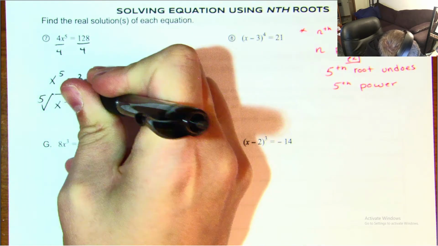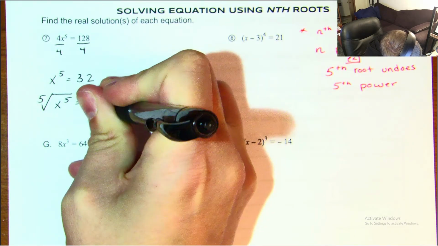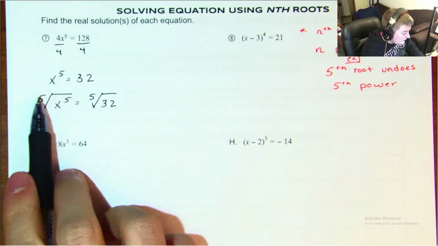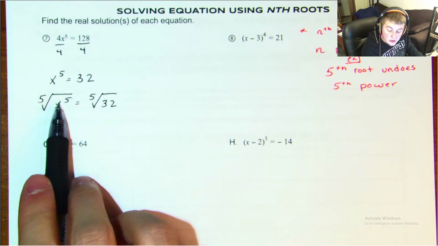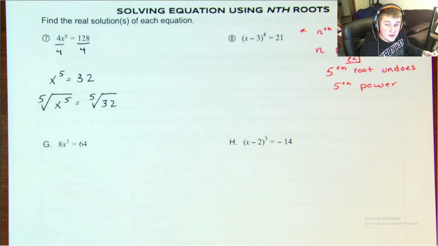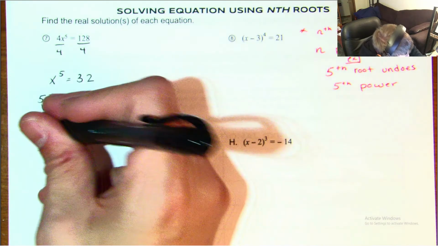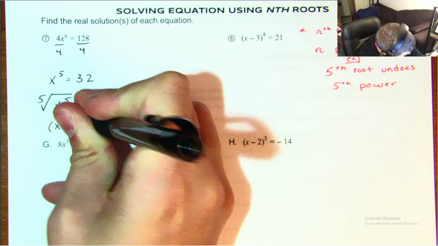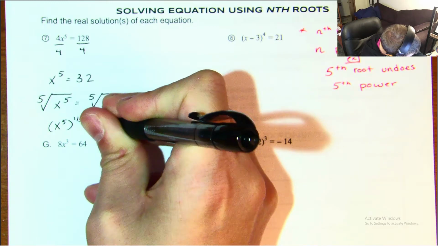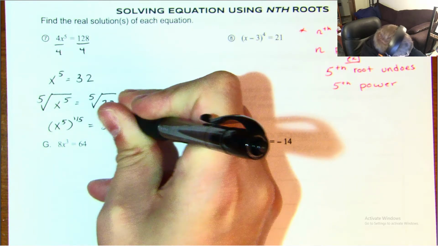These are the inverse operations of each other. So the fifth power and fifth root undo each other. Well, we know that fifth root is the same as 1/5 power. We learned that in the previous pages. This is the same as the 1/5 power, which is equal to 32 to the 1/5 power.